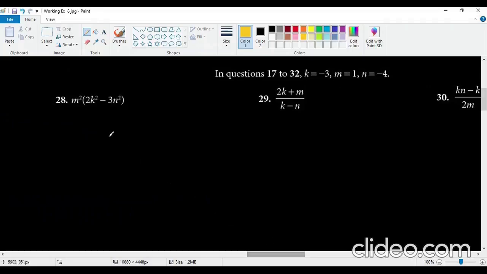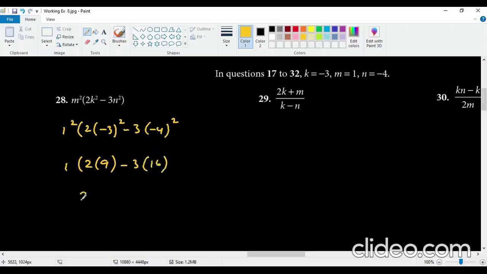Moving on to 28. M value is 1 squared, and 2 times k value is negative 3 squared, and minus 3 times n value is minus 4 squared. So 1 and 2 multiplied by 9 minus 3 times 16.